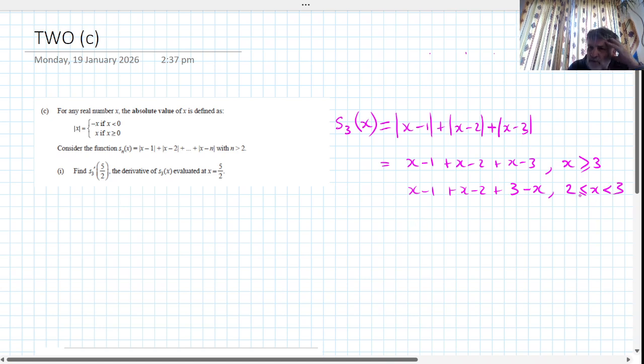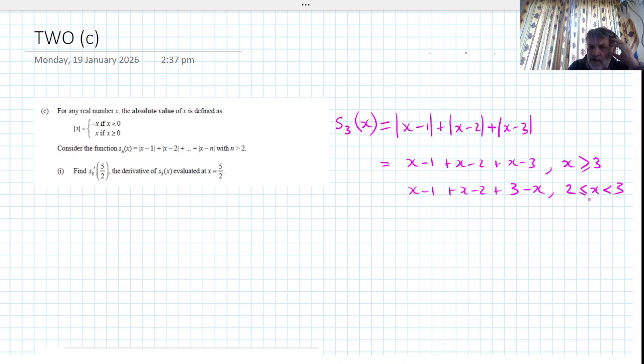It doesn't really matter where you put the less than or equal to. We usually don't double count them, but at the endpoints these things have the same value. At x equals 3, 3 minus 3 is 0, so these terms don't contribute anything, and you get basically the contribution from here.